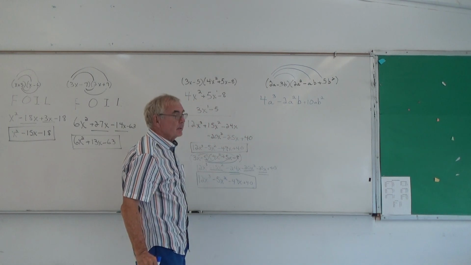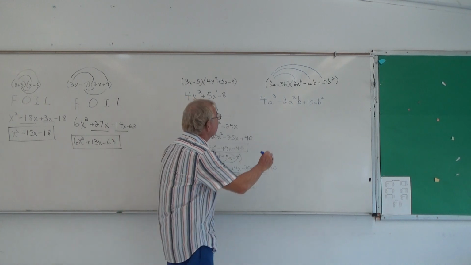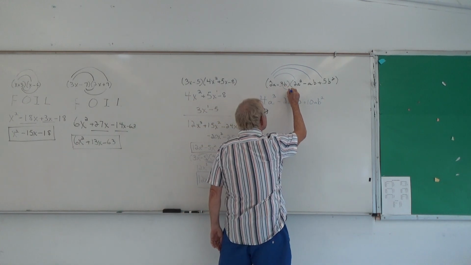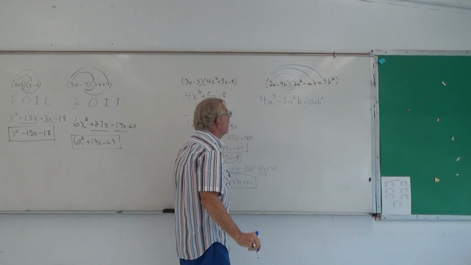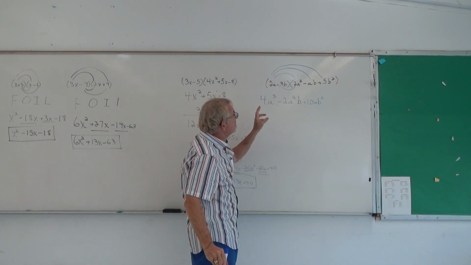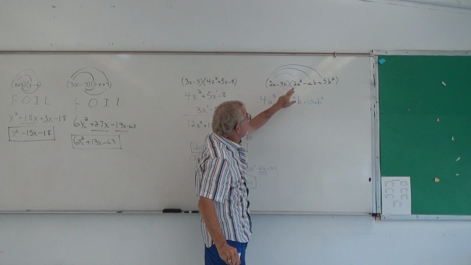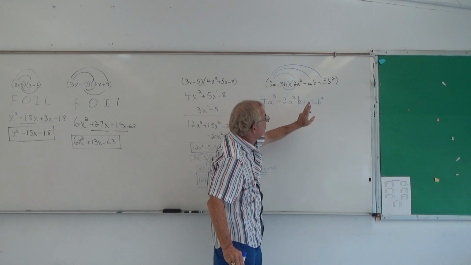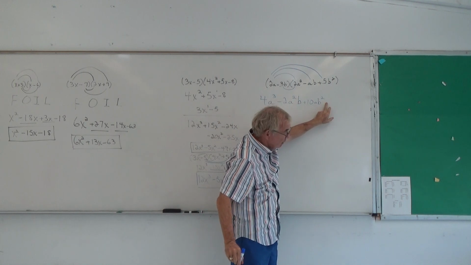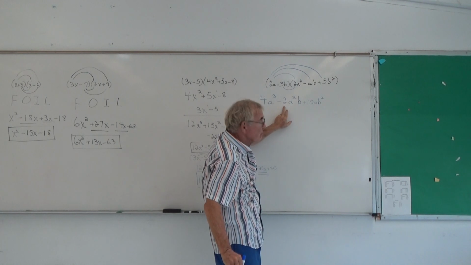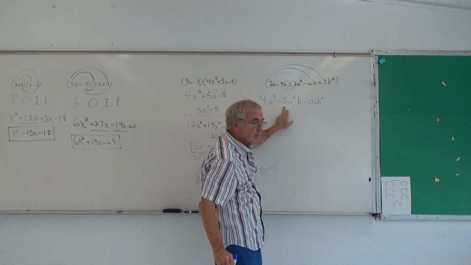Now, let's go with the -3b and let's run it underneath. Now, here's a suggestion. You're going to get a -6a squared b. You can write it over here, which we will, or you could write it right up under this one, which lines it up. That's your decision.